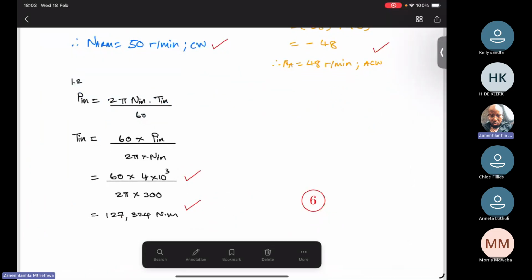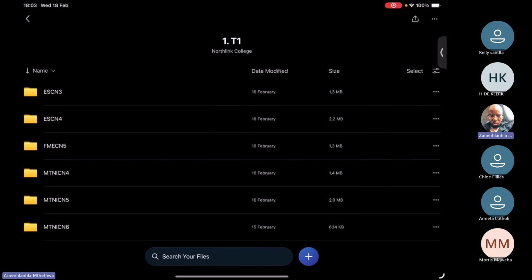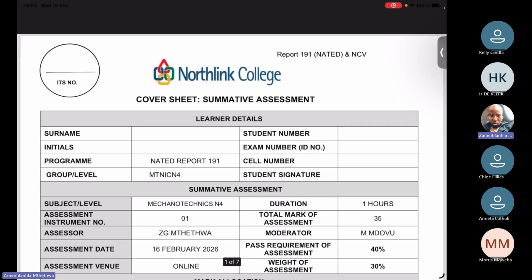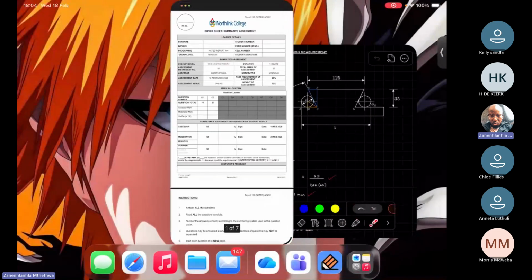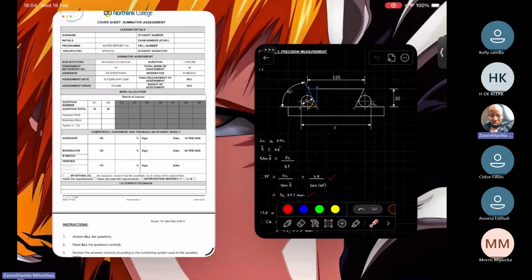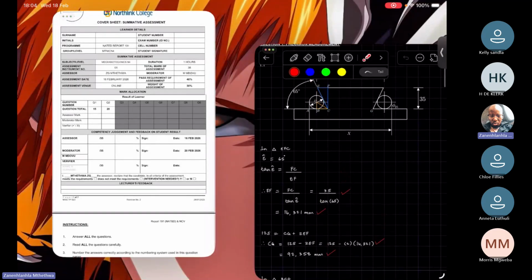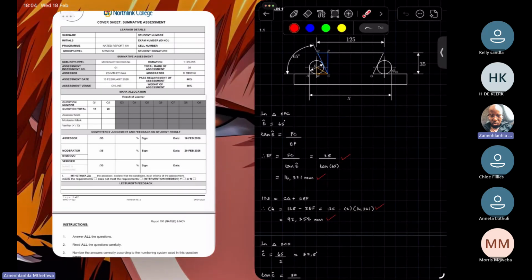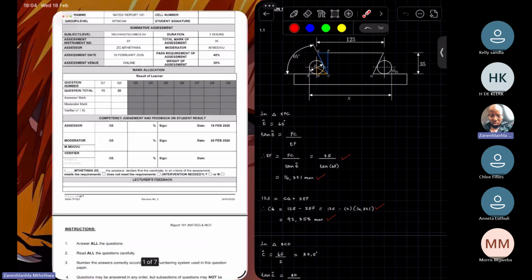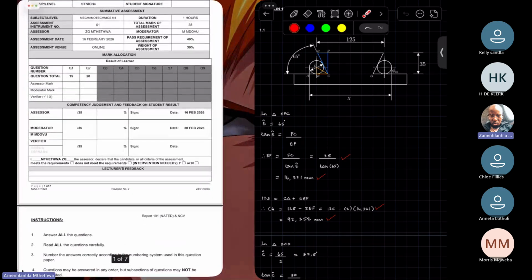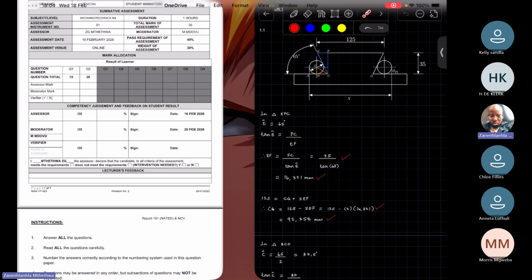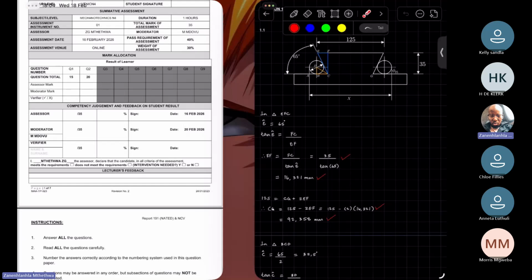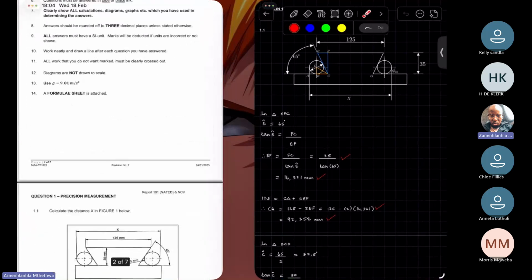I'll open the question paper as well. Right.